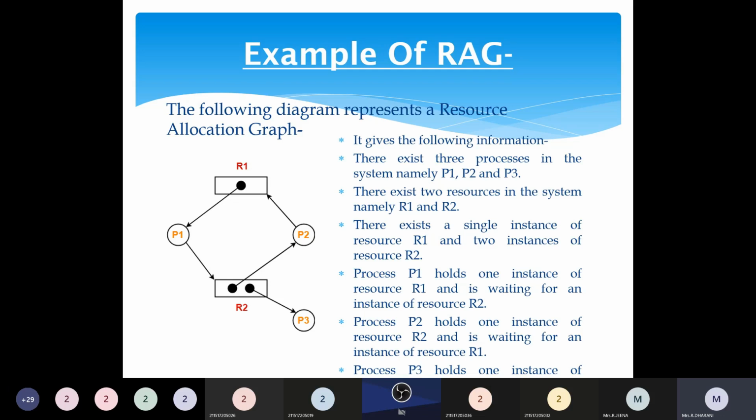Process P1 holds R1 and P1 is requesting an R2 instance. Process P2 is requesting an R1 instance. P2 holds one instance of R2, and the other R2 instance is held by P3. So all this information you can easily get from this pictorial representation.